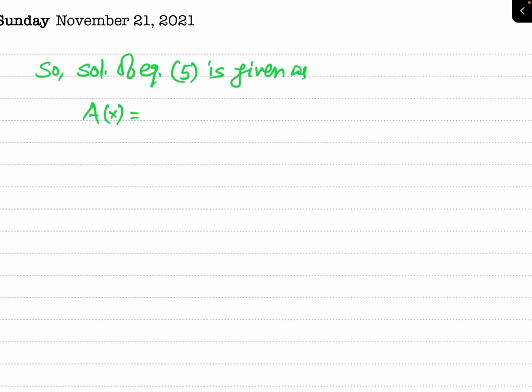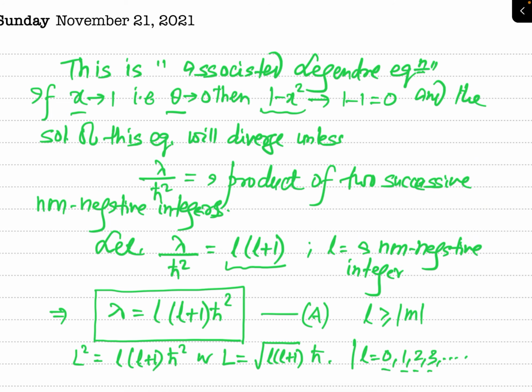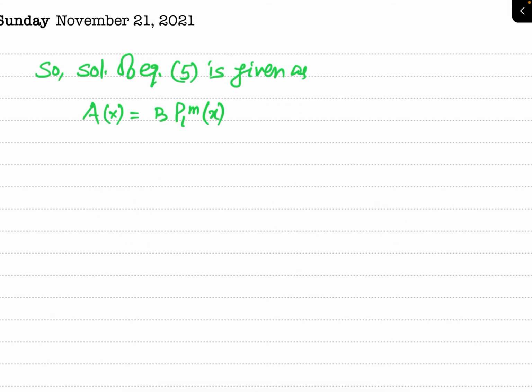So you can write a of x equal to an arbitrary constant, let us say b, times the associated Legendre function PLM of x. This is equation 6.